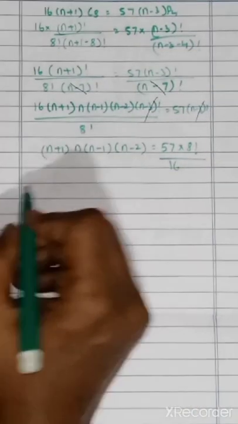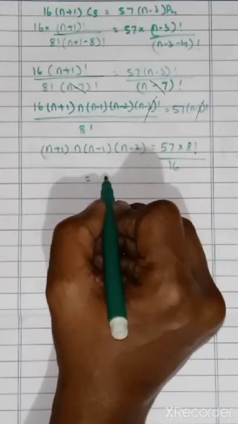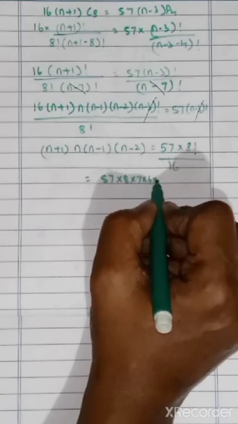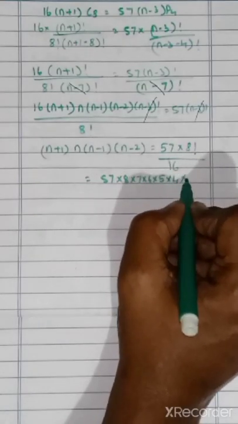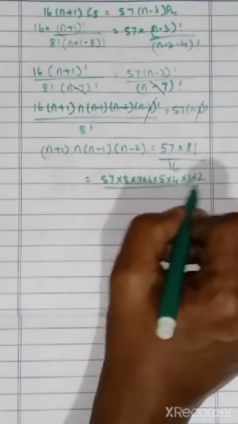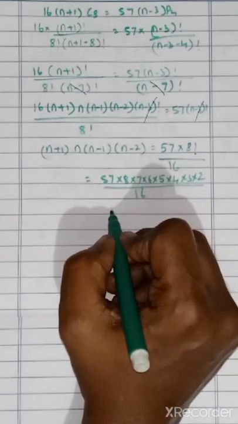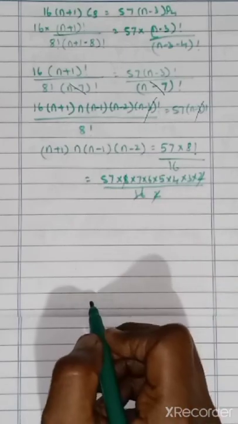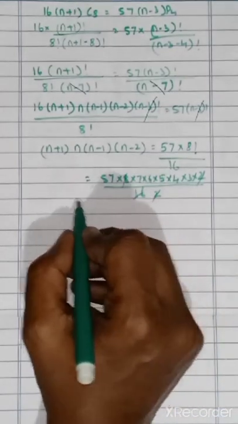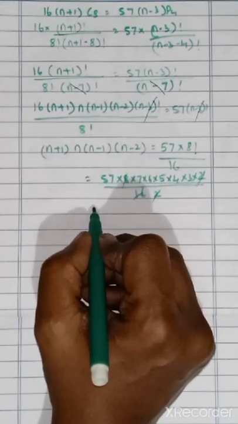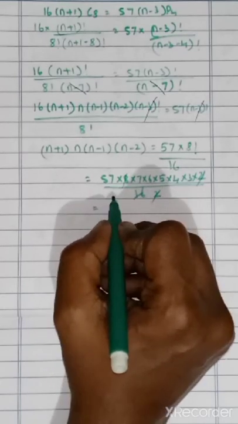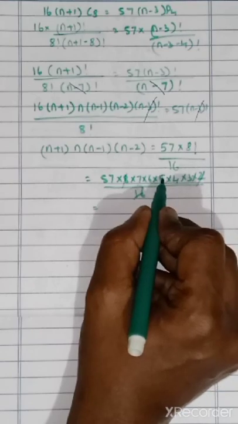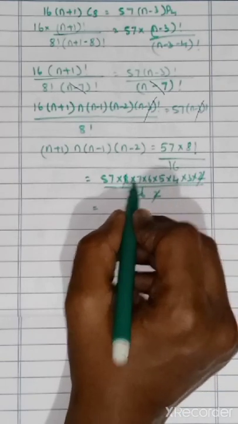Okay, so again if we simplify this one, we will get 57 into 8 factorial, that is 8 7 6 5 4 3 2, by 16, cancel. So you can write 2 and this 2 will get cancelled. So what you will get, which is equal to, okay, now this one 3 4 5 6 7, correct?